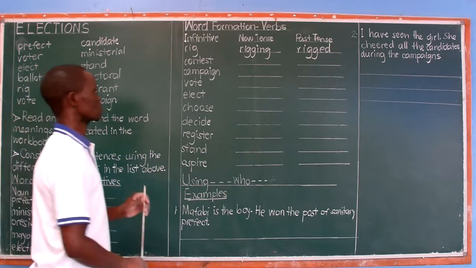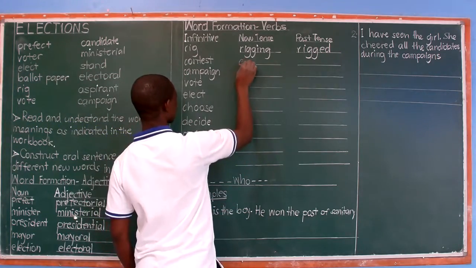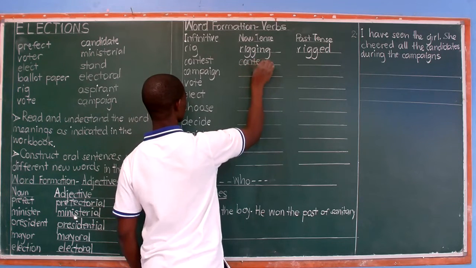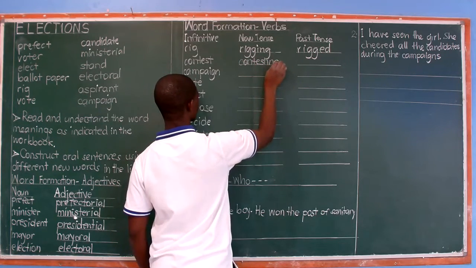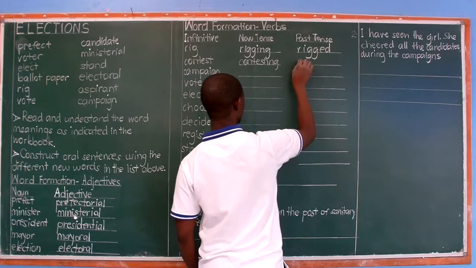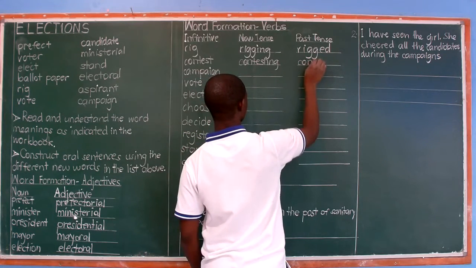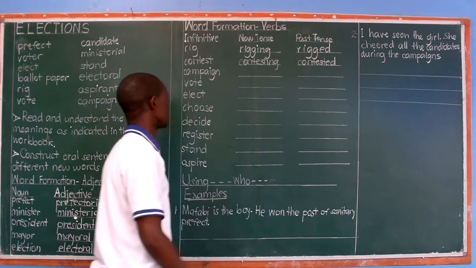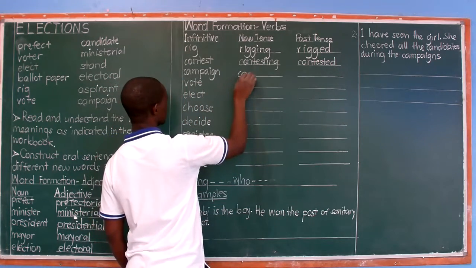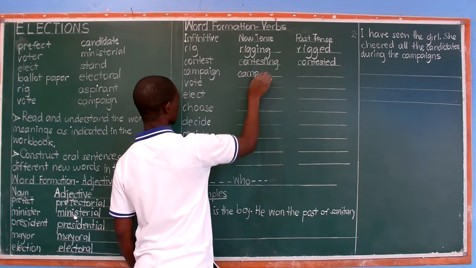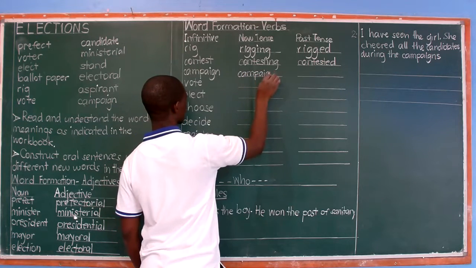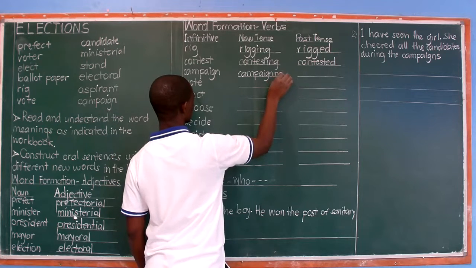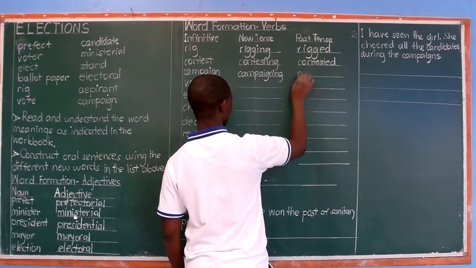Contest is our next word, which changes to contesting. And finally, past tense, which is contested. Contested. Then campaign. Campaigning. And the past tense, campaigned.